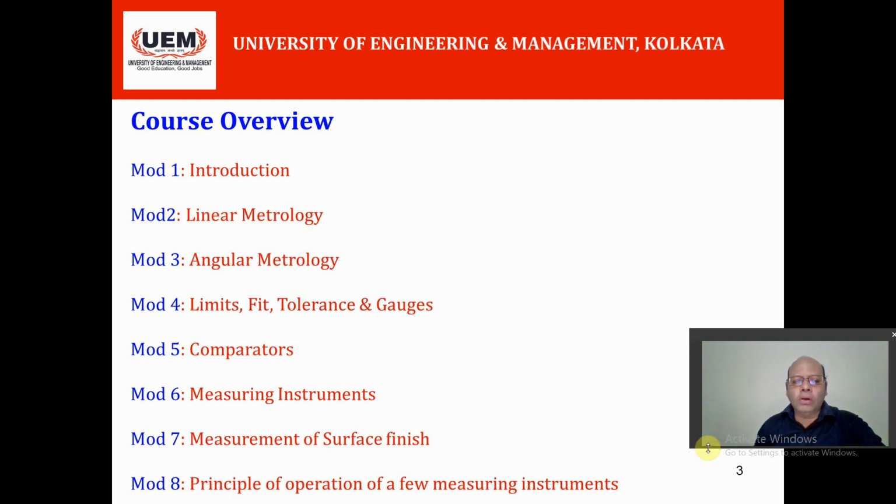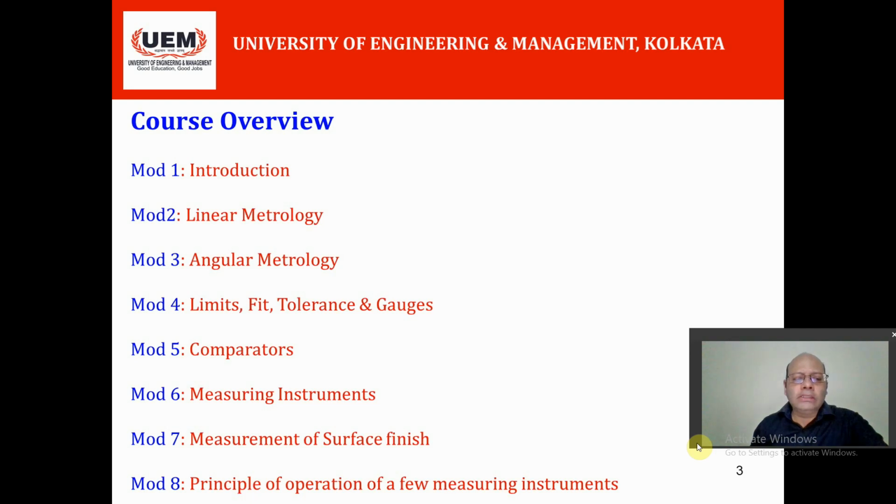To reduce the cost, you have to reduce the scrap and rejected parts, and that is possible with proper measurement of the product with the help of the measurement system. So this chapter, limit, fit, tolerance and gauge design, is very important from the metrology point of view.